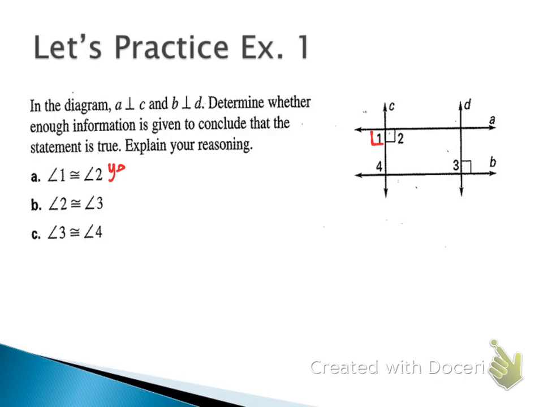So we would say yes. And then we would have to list a couple different things. First of all, perpendicular lines form 4 right angles. And we know that all right angles are congruent.